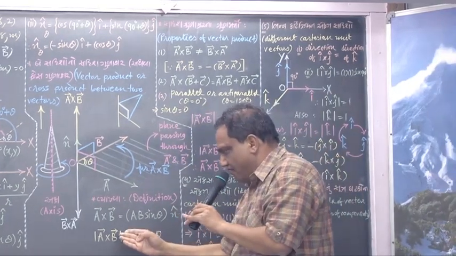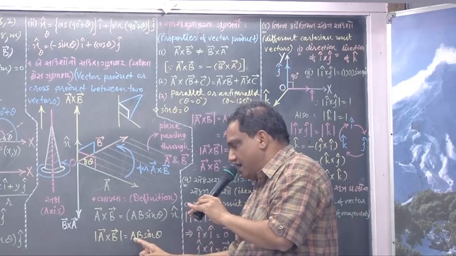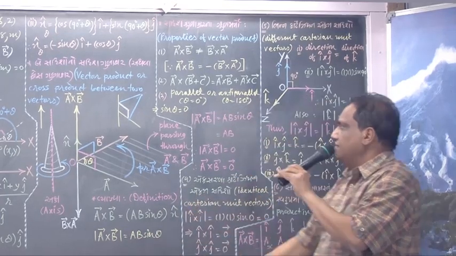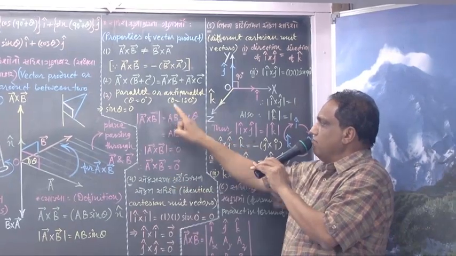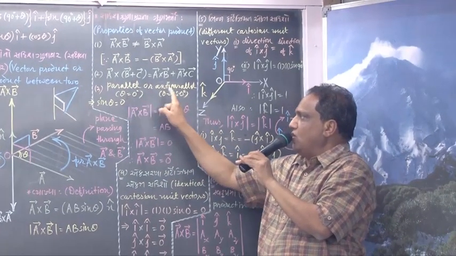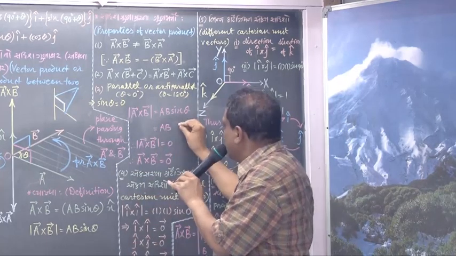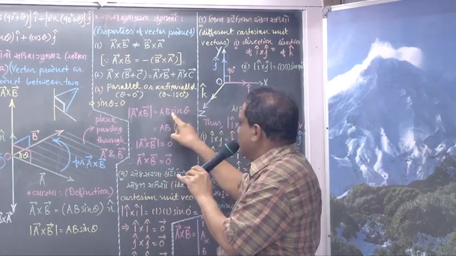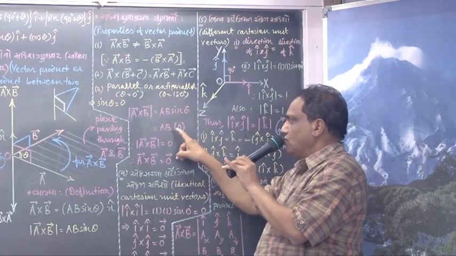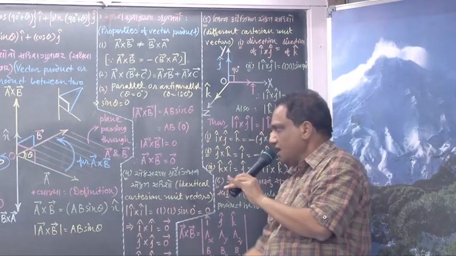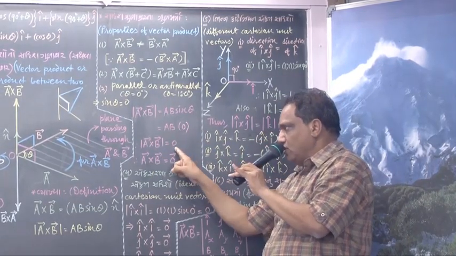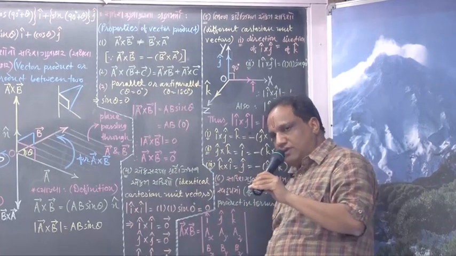What is the magnitude of a vector product? How is it defined? By AB sin theta. But when theta is 0 degrees or 180 degrees, sin theta is 0. Put it here: AB into 0 becomes 0. A vector whose magnitude is 0 is called a zero vector.